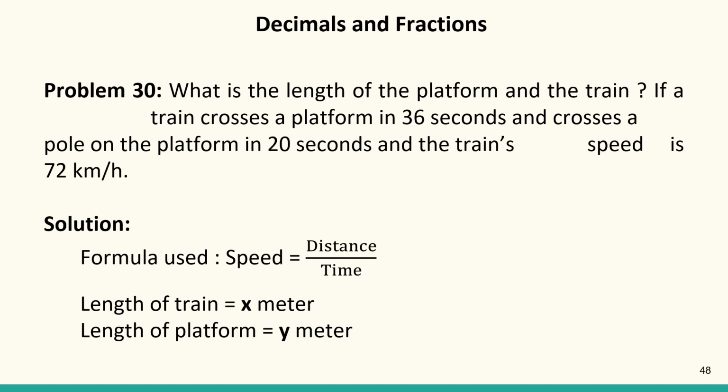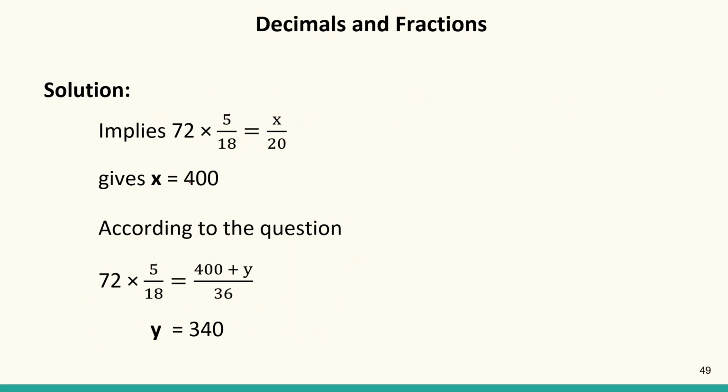Let the length of the train be x meters and the length of the platform be y meters. So 72 into 5 by 18 is equal to x by 20, which gives x equal to 400. And 72 into 5 by 18 is equal to (400 plus y) by 36, so y is equal to 340.